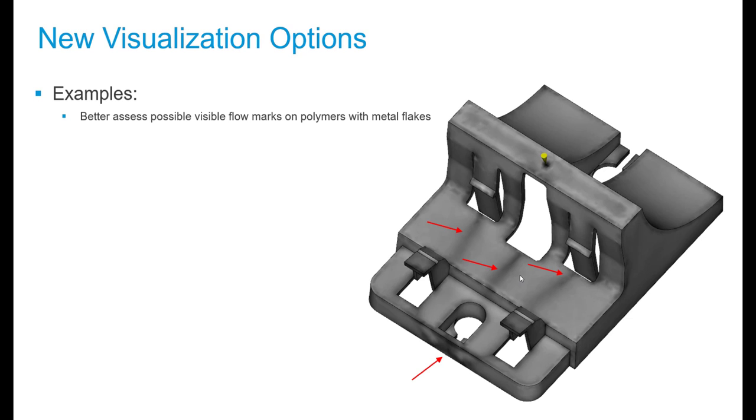We know that the orientation of metal flakes on the skin will have a massive influence on the reflectivity or the appearance of these metallically pigmented polymers, and at the weld lines, the orientation of the metal flakes will be perpendicular to the skin, and therefore you do not see the reflective effects that you're hoping for, and then you get these black streak lines or markers.